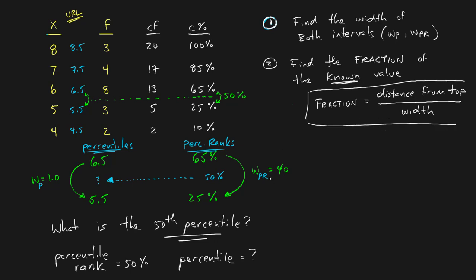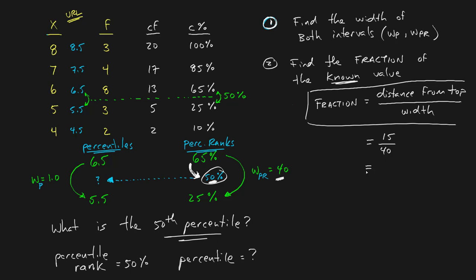I have a known value. My known value is the 50. What is the distance from the top? So what is the distance to get from 65 to 50? Well, from 65 to 50, that is a distance of 15. What is the width of that interval? So the width of that interval is 40. So I find the distance on this side to the known value, and I have to put that over the width of that whole side.